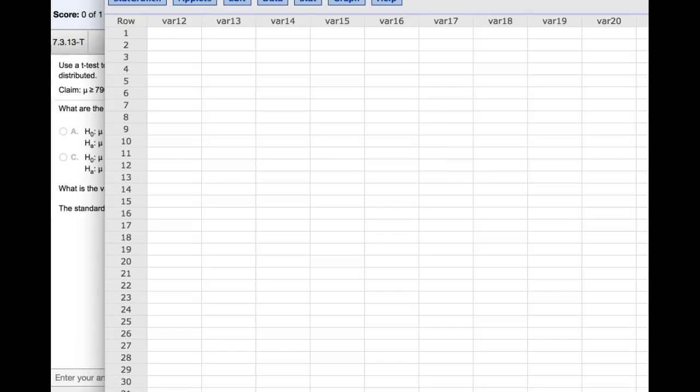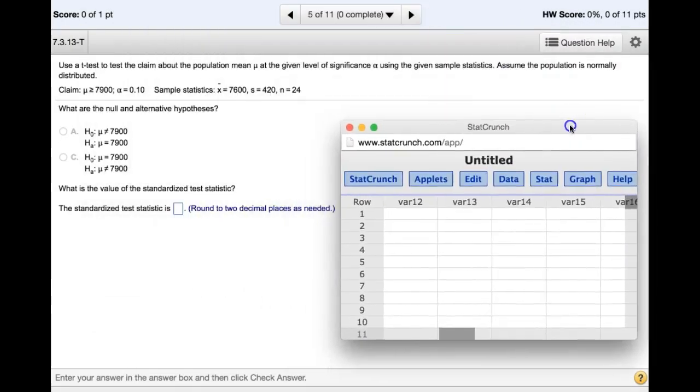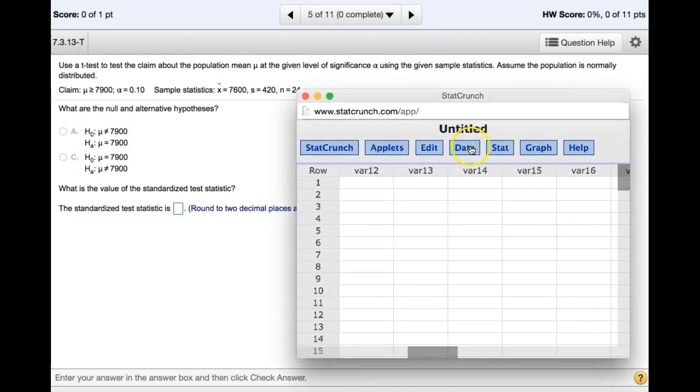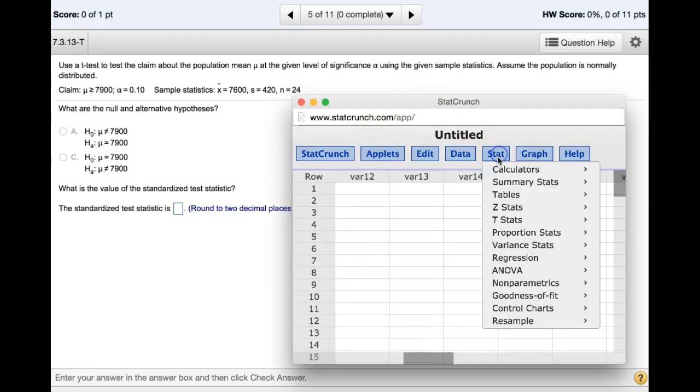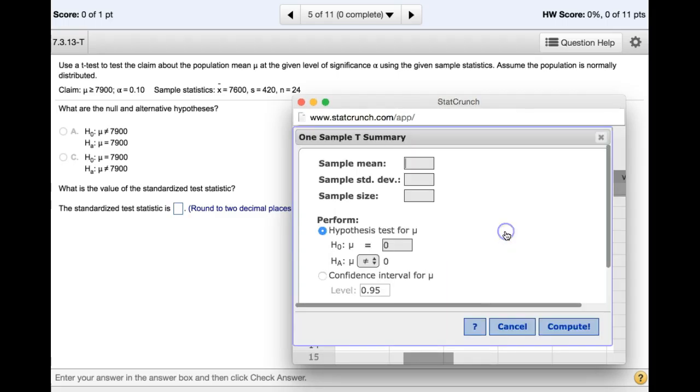Let me minimize this to make it a little bit more user-friendly. So coming here, if we go to Stat and then go to T Stat, One Sample with Summary, then we can type in our information here and it will give us an idea of what our test statistic will be.